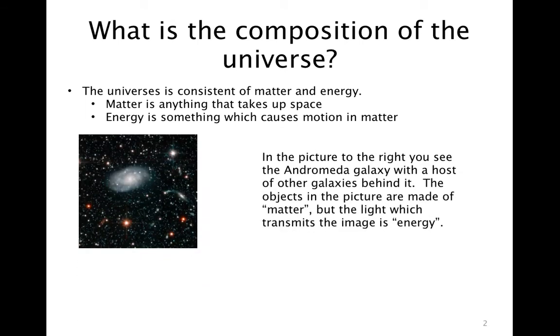In this picture to the right, you'll see the Andromeda Galaxy. It's a neat structure. On a clear night, you can see it. It's very faint and fuzzy, and it's bigger than the moon. It's another galaxy, and it's made of matter, and the light that we see from it is the energy transmitted from it.